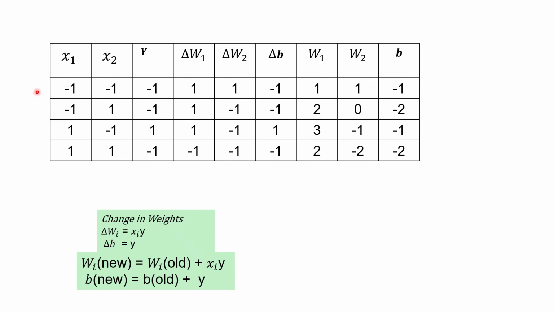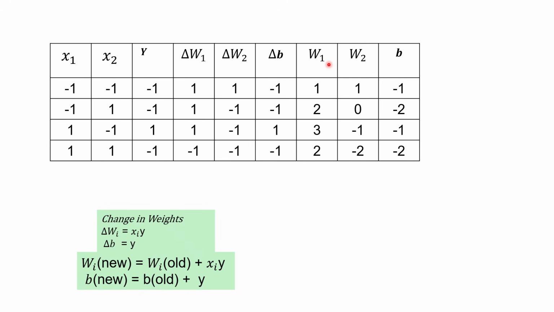For the first input combination -1, -1, the target is -1. So del W1 is -1 into -1, that is 1. Del W2 is -1 into -1, that is 1. Del B is y, which is -1.